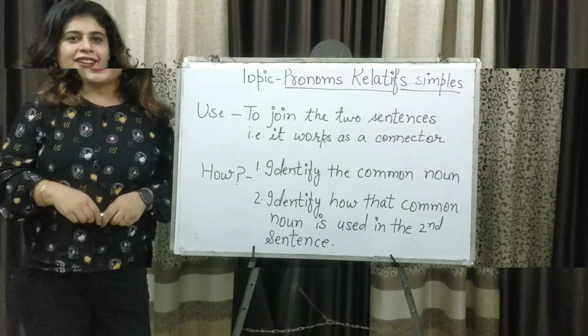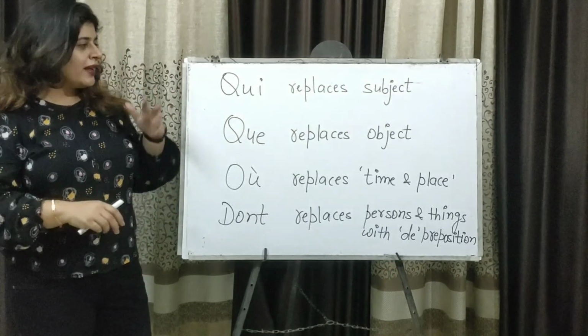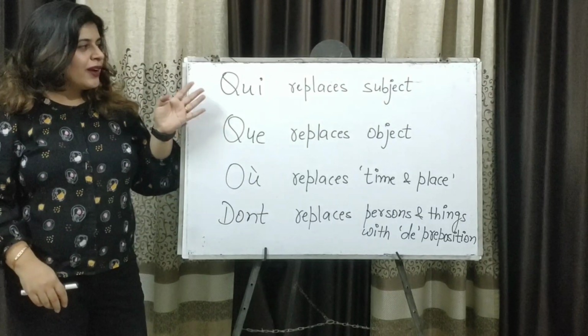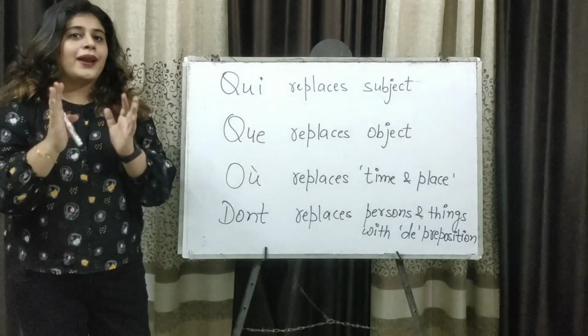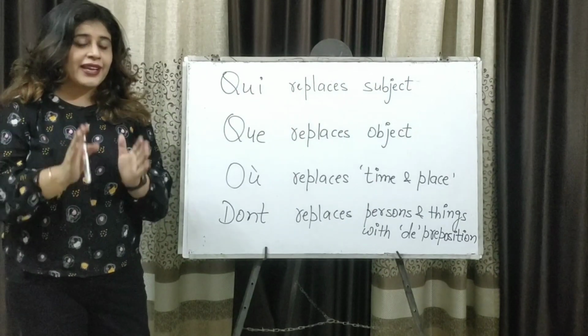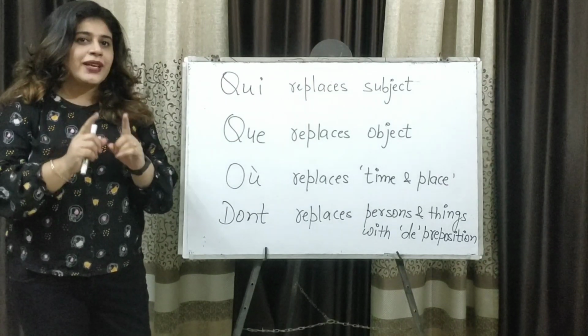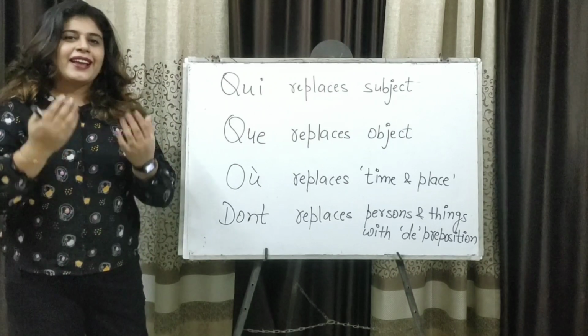Let's get started. So there are 4 options in pronom relatif simple. Qui, que, où and dont. Now, when I wrote qui replaces subject, I am talking about that common noun which we have identified in step 2. So in step 2, if your common noun is working as a subject, your answer is qui.